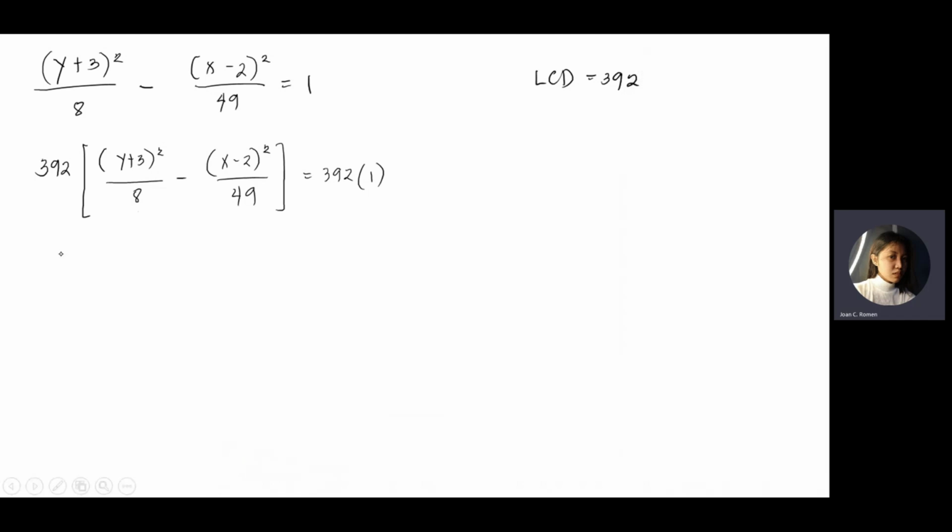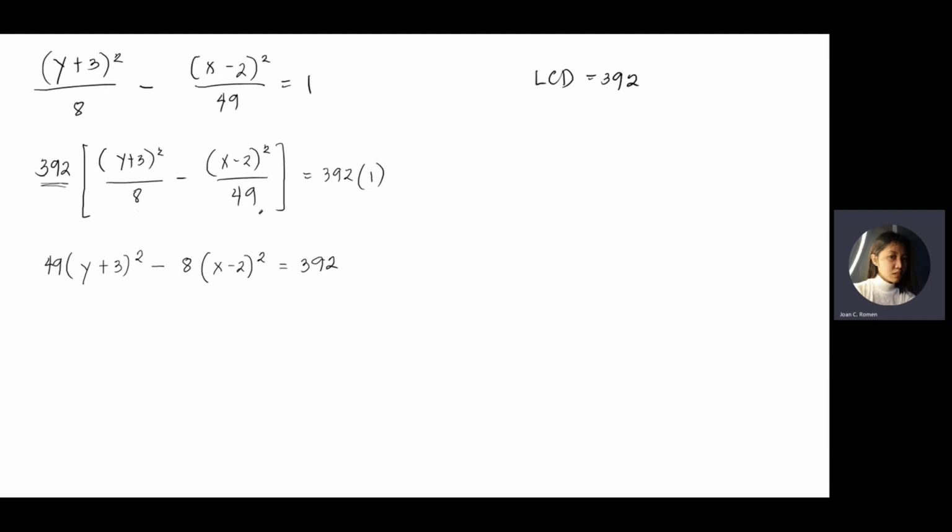So that is 49 multiplied by (y plus 3) squared, minus 392 divided by 49 is 8, then multiply by the numerator (x minus 2) squared. Okay, so is equal to 392.